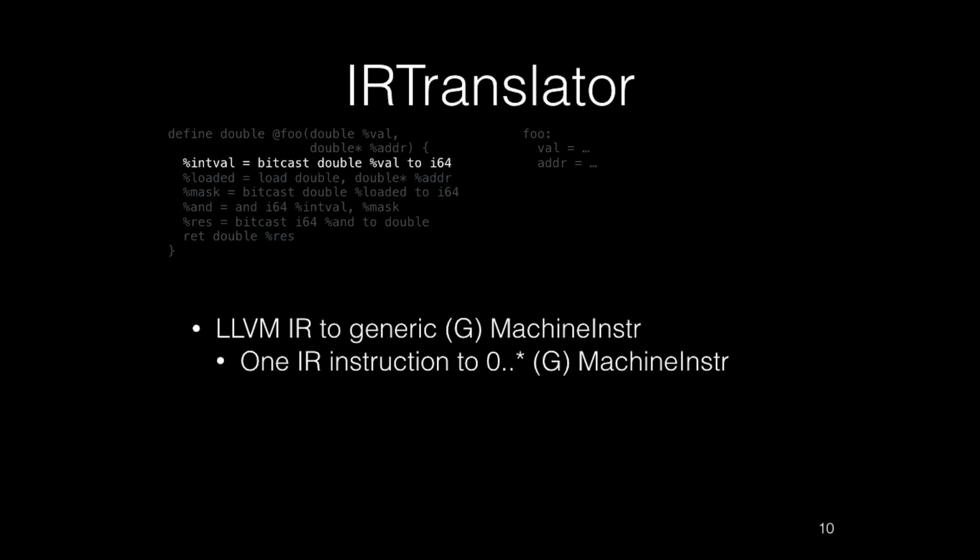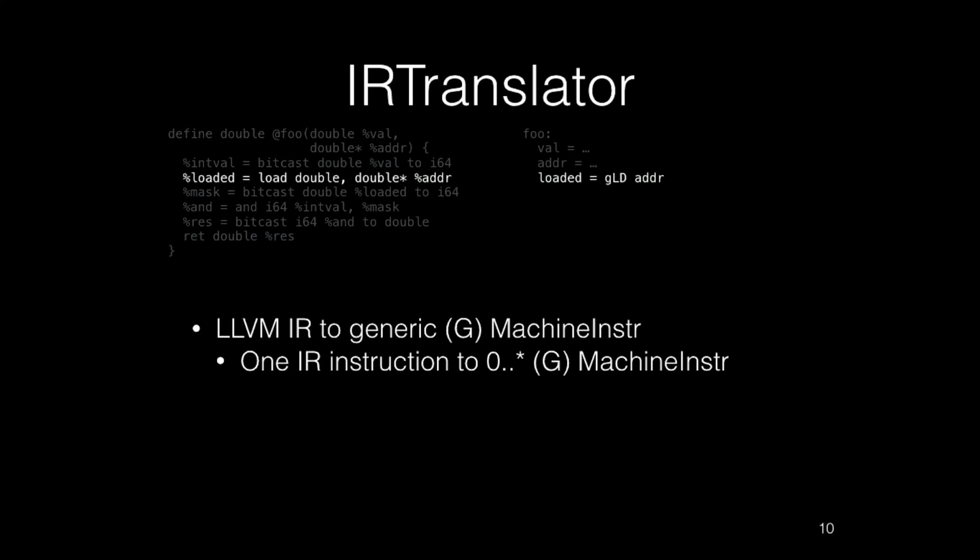We move to the next instruction. This is a bitcast. For machine instr purposes, bitcasts are just NOPs, so basically we don't need to translate that to anything. What this means is that one IR instruction can map to zero or many generic machine instr.